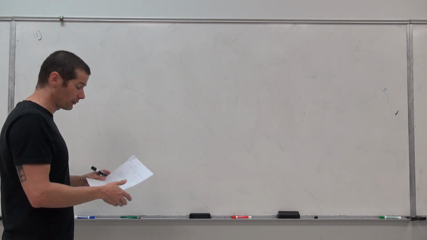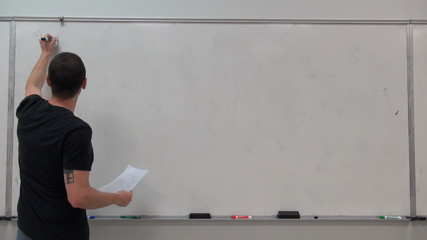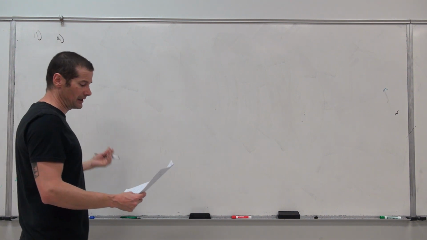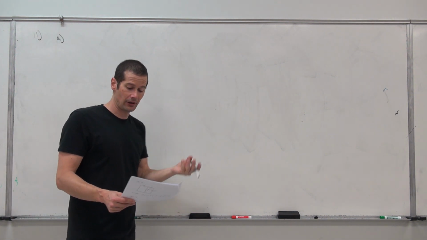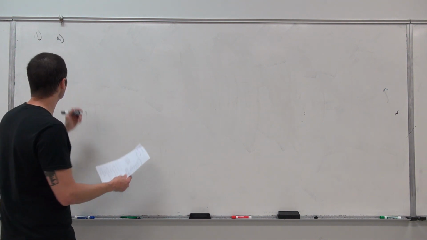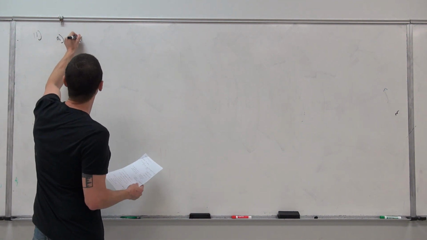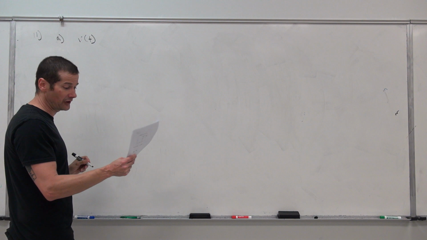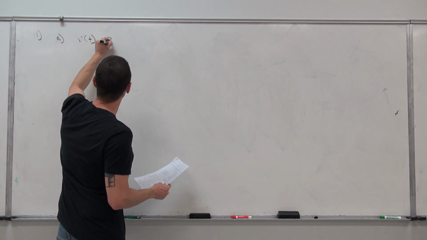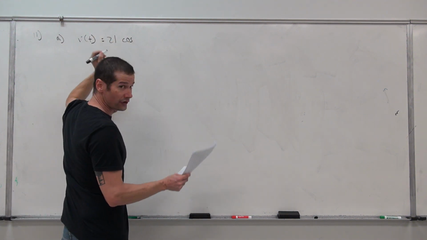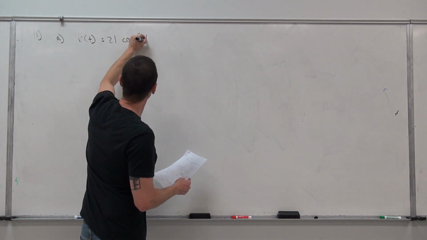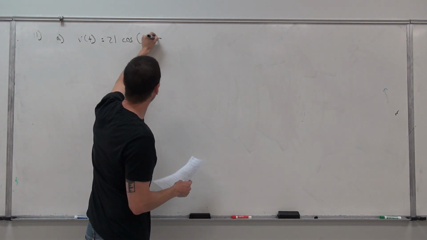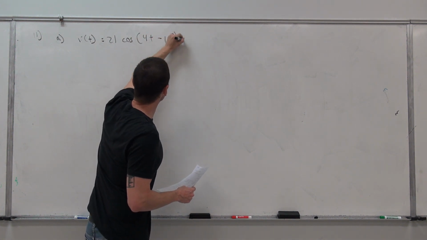So for part A, we're going to convert V of t, which is 21 cosine 4t minus 15 degrees volts.